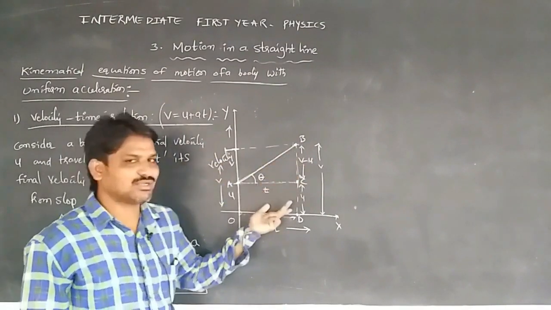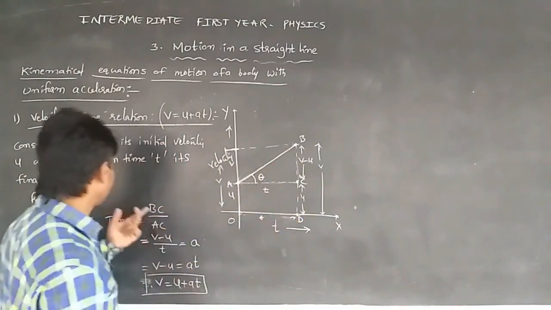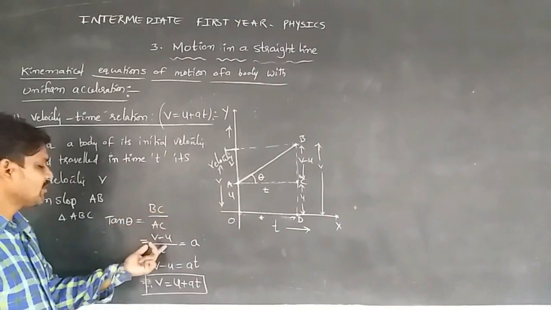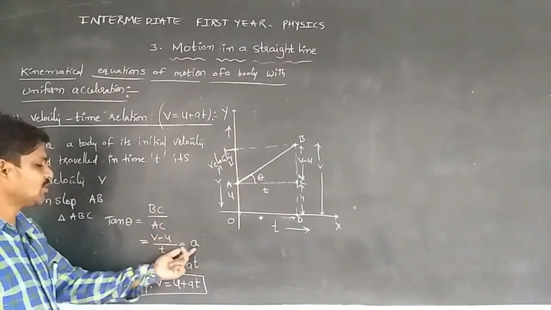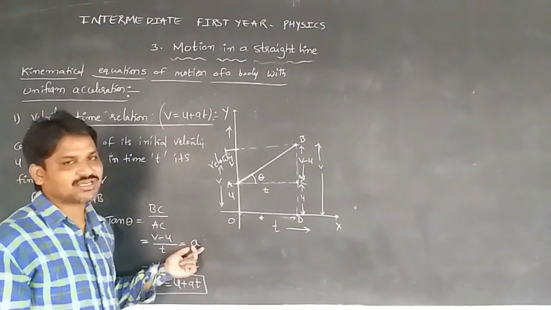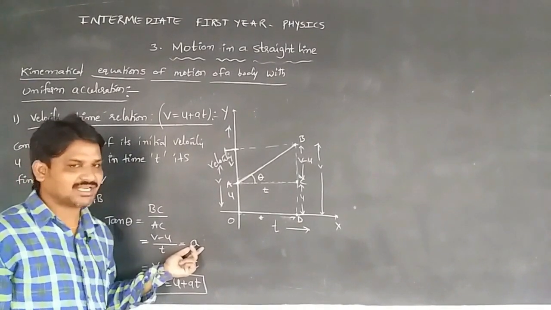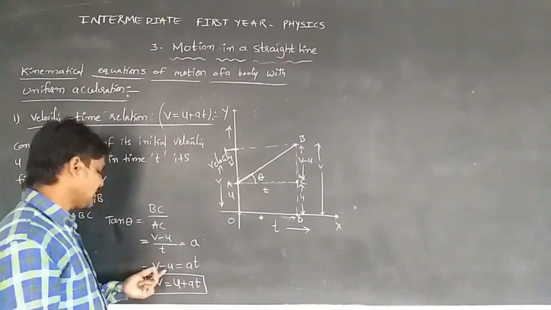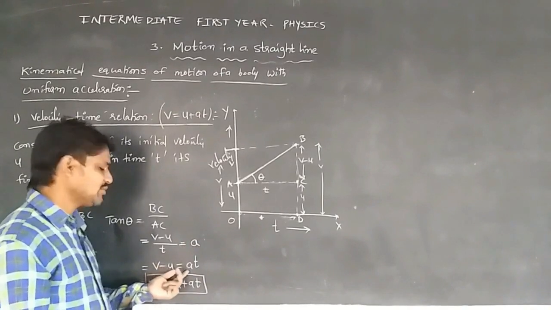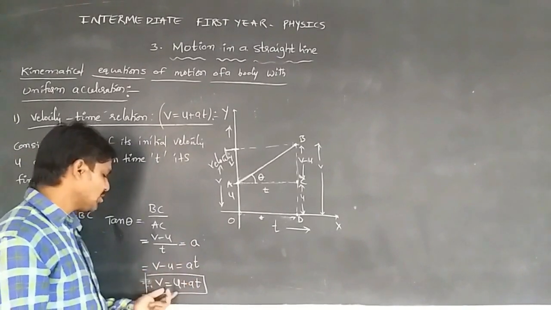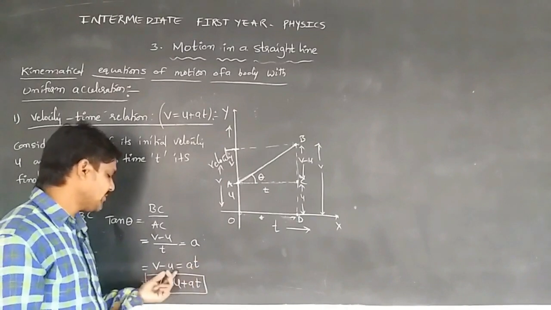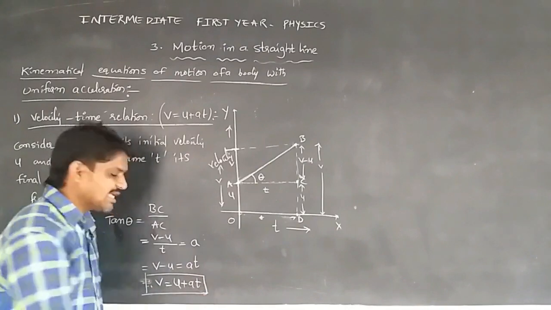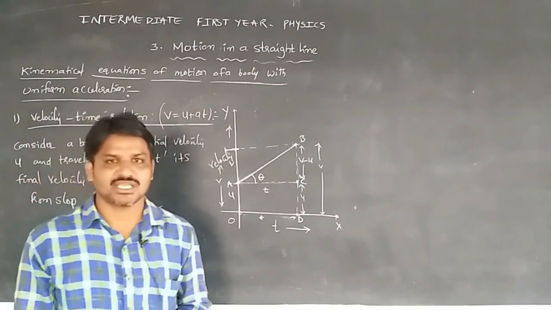From the graph, tan theta is equal to BC by AC. Then v minus u by t is equal to the acceleration, the rate of change of velocity. Taking t to the other side, it multiplies with a, so v minus u is equal to at, and v is equal to u plus at. This is the first kinematical equation.